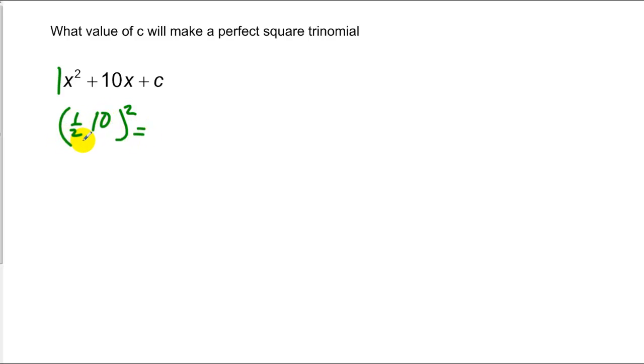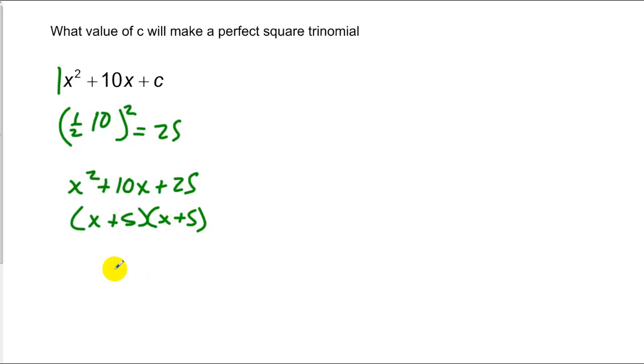So half of 10 is 5, squared is 25, and x squared plus 10x plus 25 had better be a perfect square. What multiplies to 25 and adds to 10? That's 5 and 5, so that's x plus 5 squared. So my c value is 25 in this case.